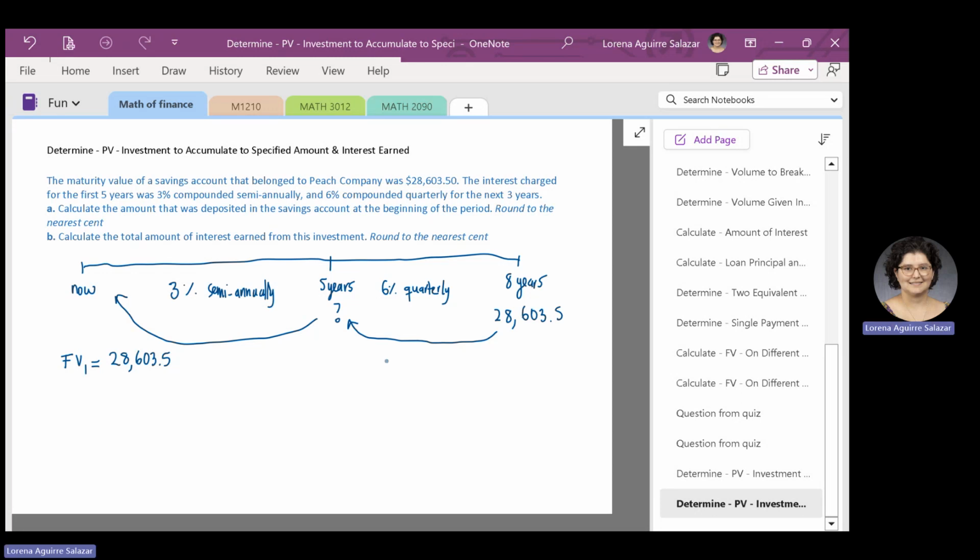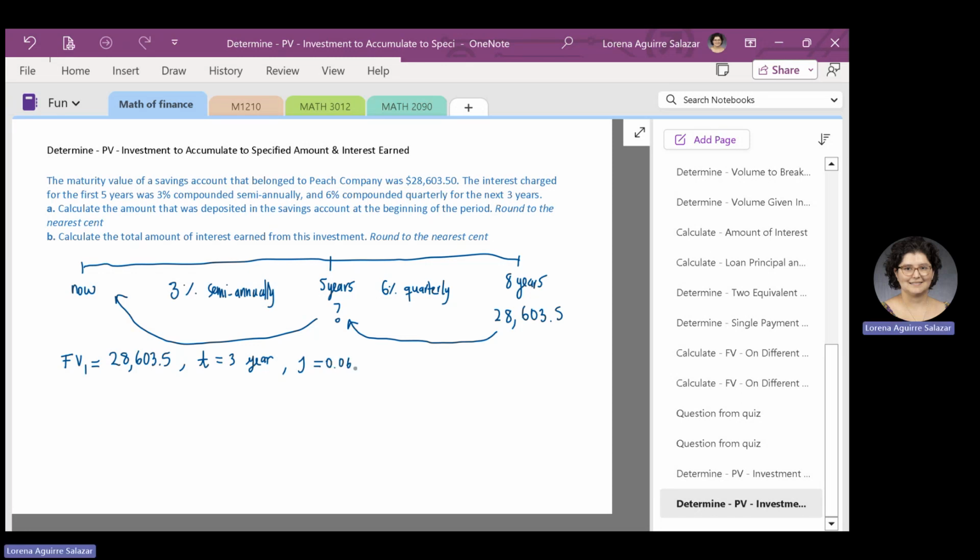We have a 3-year period during which interest is charged at 6% compounded quarterly. So we have that the nominal interest rate is 0.06, the decimal equivalent to 6%.